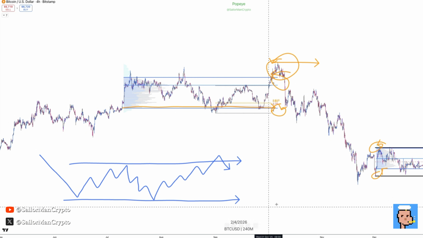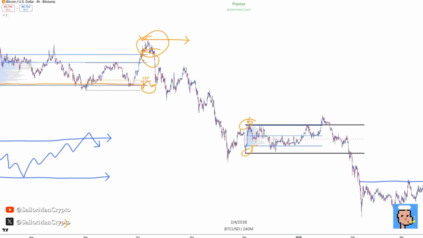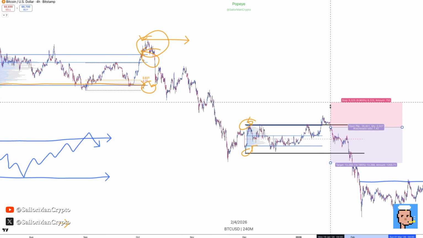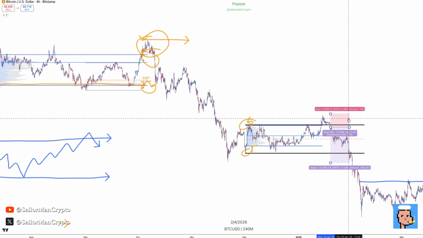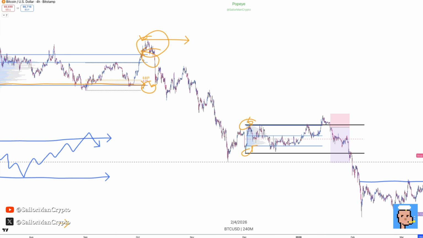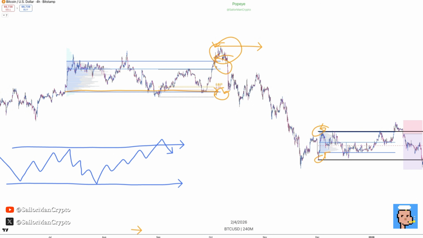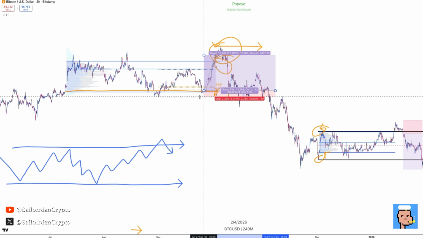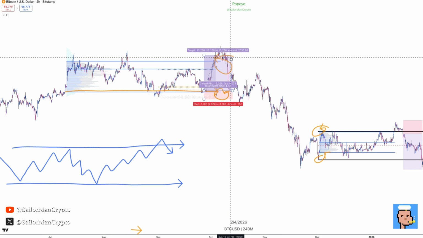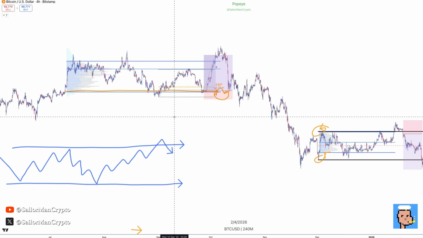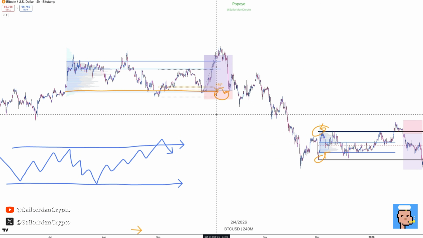To show you very simply, wherever you enter, your invalidation should be, for me to be safe, a little above the deviation level, or for the long that we mention here, a little below. In this case, the deviation was this level here. So always invalidation above the deviation high for the short, below the deviation low for the long.